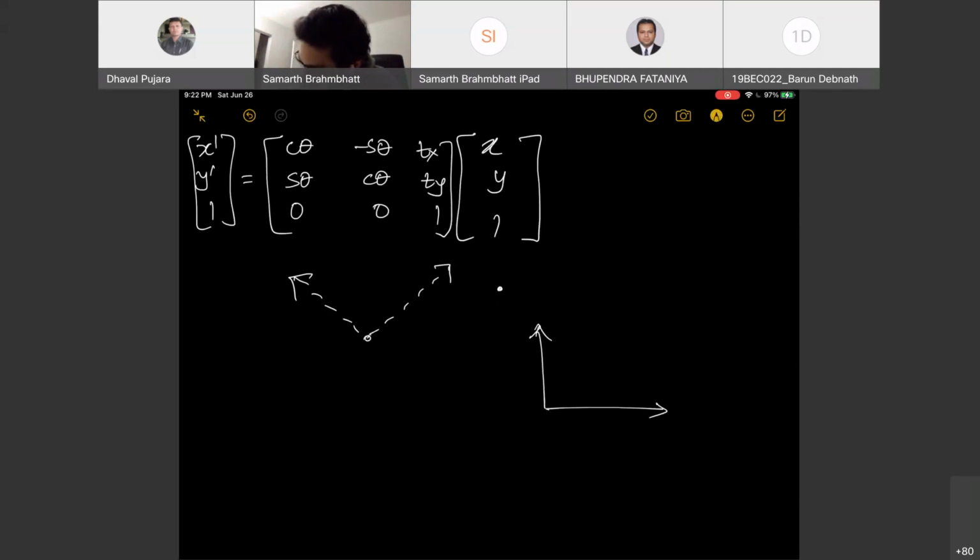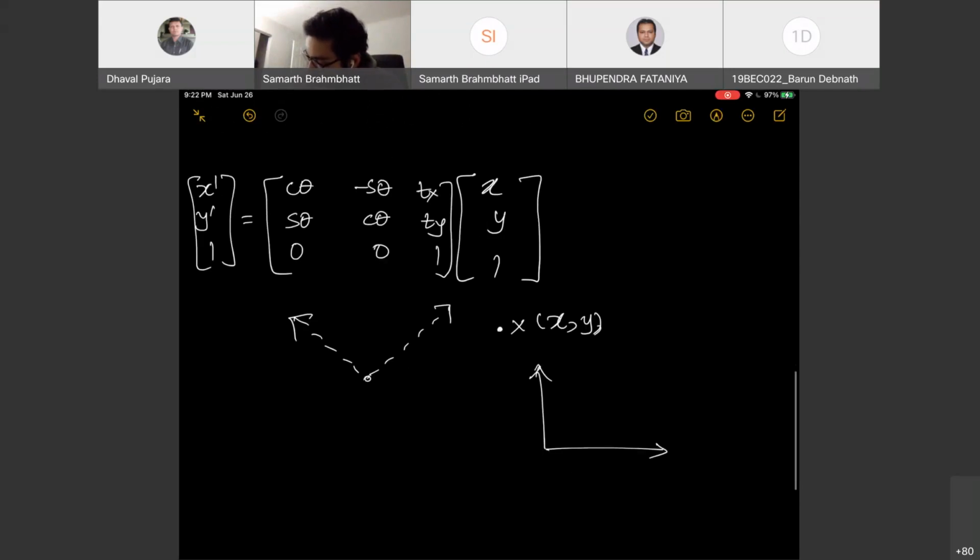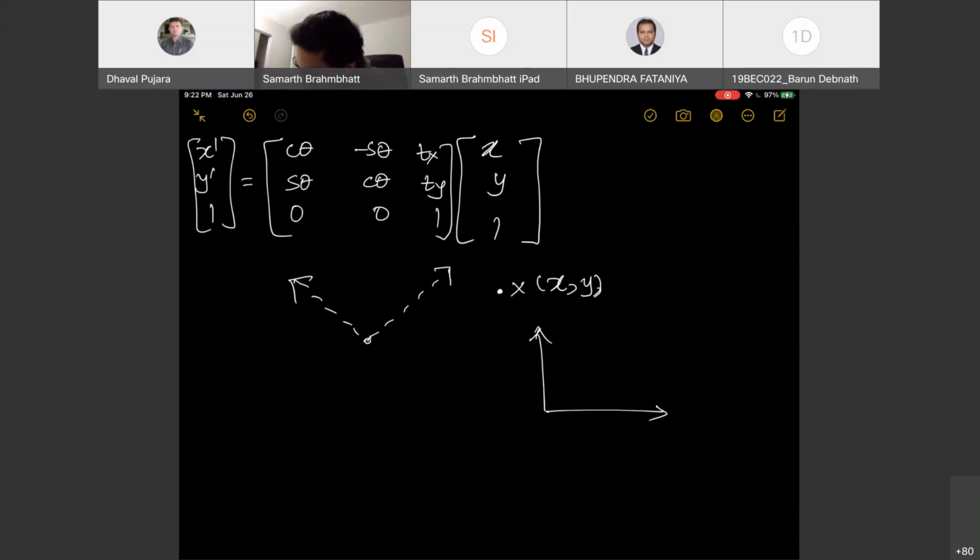Now there was some underlying point x here, which was x, y in this old coordinate system. But the same point, so like you can have this vector going that way.